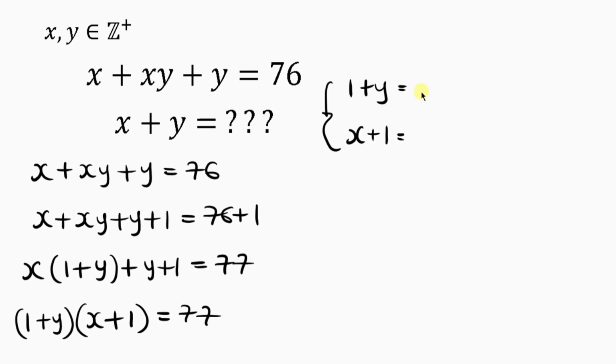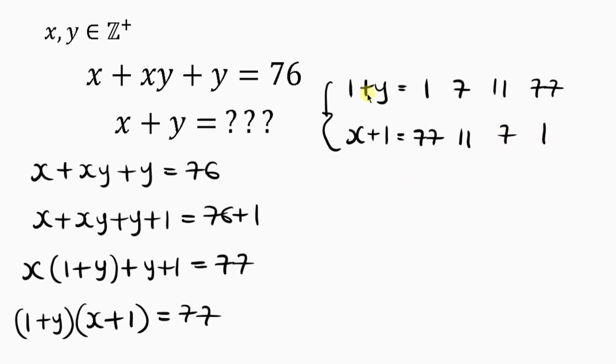The factors of 77, let me write it here first, are 1, 7, 11, and 77. They are actually 4. So I'm going to be writing it here as well, but in the reverse form. Remember I ended with 77, so I'm going to be starting with 77, 11, 7, and 1.